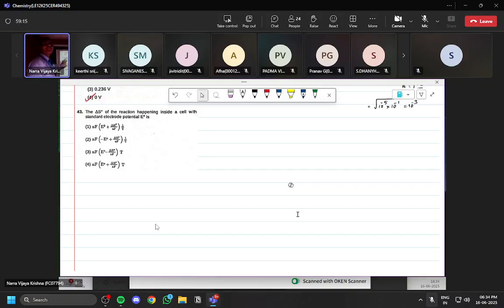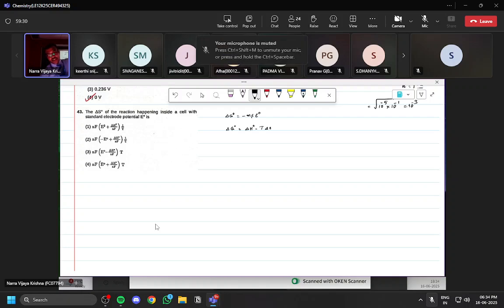We derived it. How did we derive? Delta G naught equal to minus NF E naught. Another one, delta G naught equal to delta H naught minus T delta S naught. And we have seen one more equation also: dG equal to VdP minus SdT. Correct?